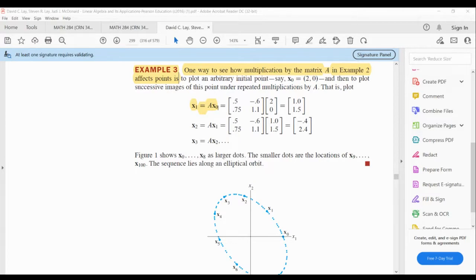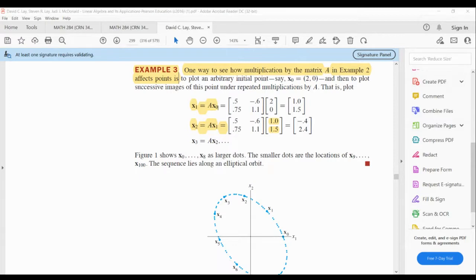So x1 is 1 and x2 is 1.5. Now what if you were to then multiply the 1, 1.5 by that matrix A? You're going to get the coordinates negative 0.4 and 2.4, and that's x sub 2 in the picture.